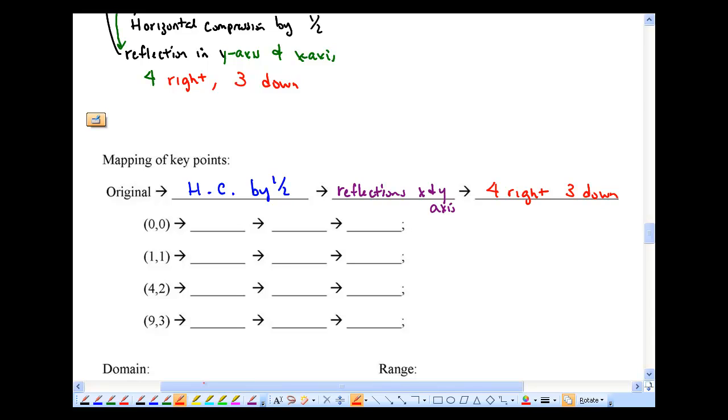Just like chapter 1. By the way, reflecting 0, 0, no change. Since there's 2 reflections, I'm going to make both the x and the y negative.